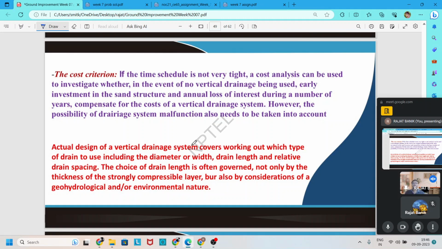So this type of consideration needs to be taken during the installation of the PVD. That means the spacing, diameter, drainage length, and drainage spacing we need to consider when applying the vertical drain for the preconsolidation.